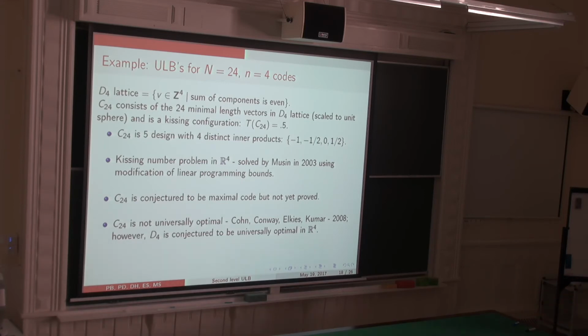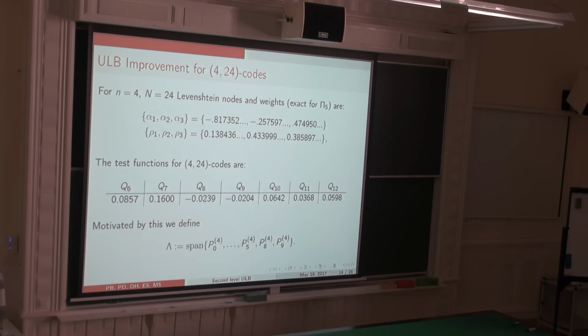This was shown by Cohn and Kumar. And here is the Levenshtein framework. So we have 3 nodes, okay, and weights. And when we test the test functions, the 8th and the 9th are negative.